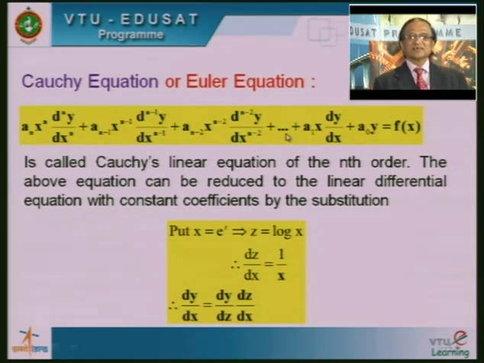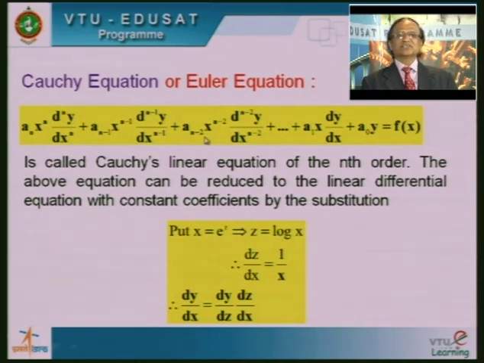Then you may ask, can you explain how it converts this equation into a linear differential equation with constant coefficients? It is very simple. I will put x is equal to e to the power z. This implies z is equal to log x. I am going to differentiate this equation with respect to x. So, what can we obtain? dz by dx is equal to, we know that the derivative of log x is 1 by x.